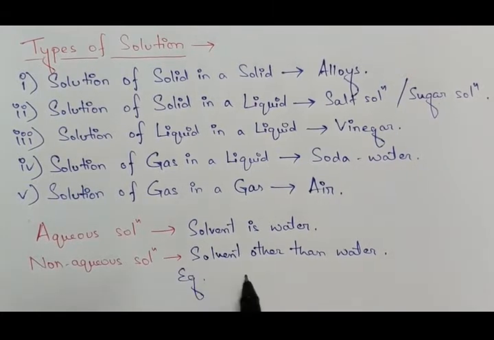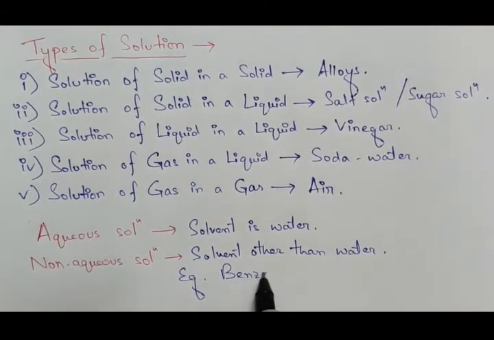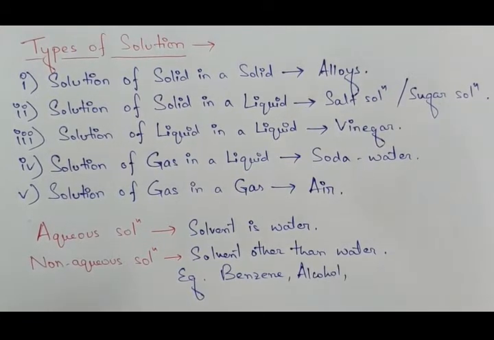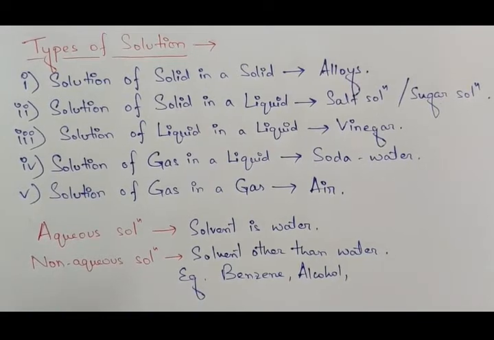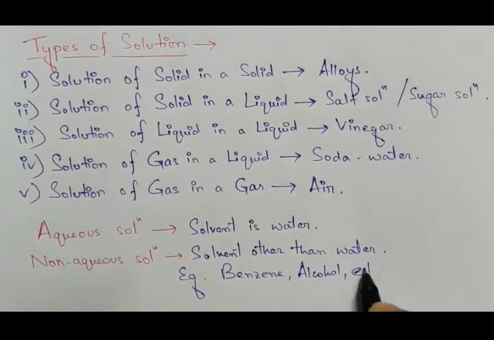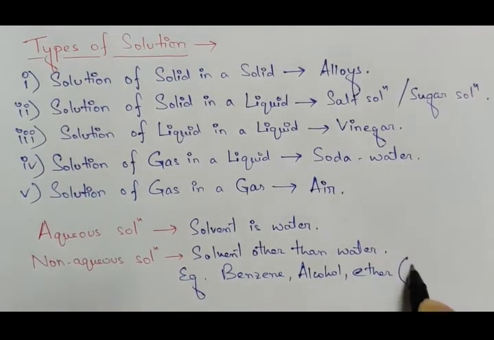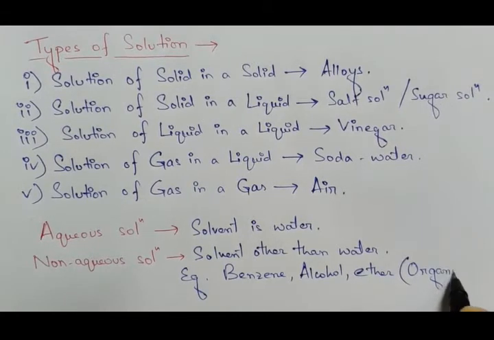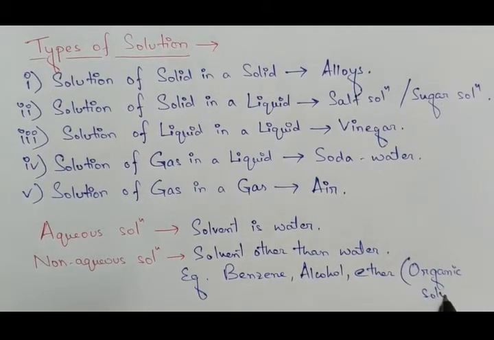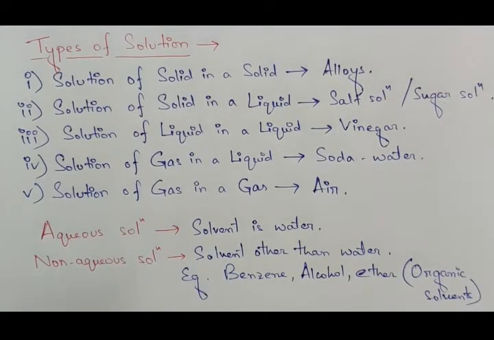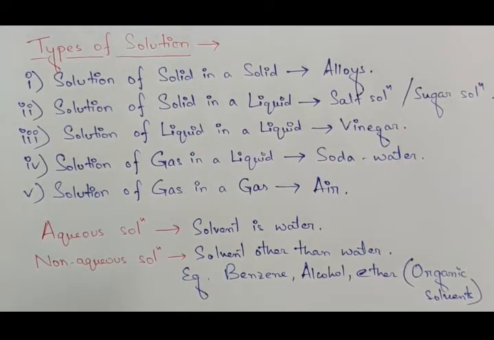For example, benzene, any alcohol like spirit or some different types of alcohols are also there. Ether is another type of solvent. These are the organic substances. They are called the organic solvents. Now what are these organic and inorganic? You will learn it later in the next standard.